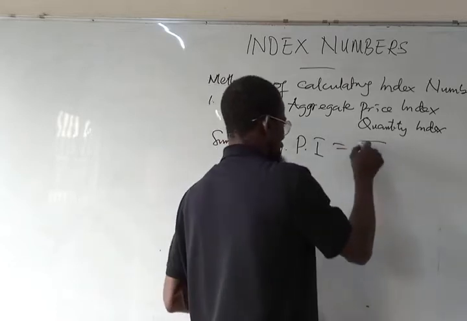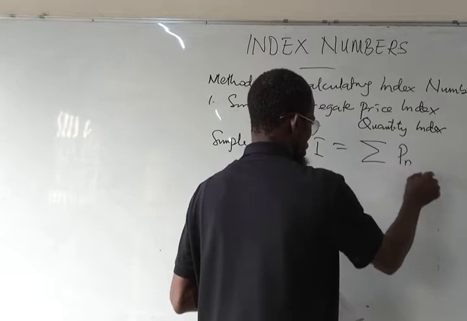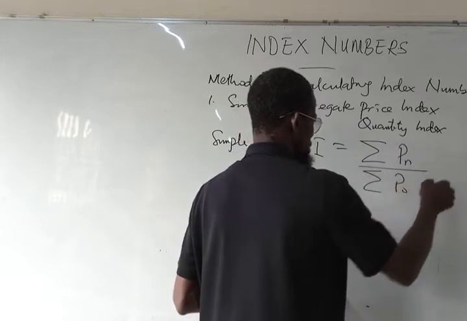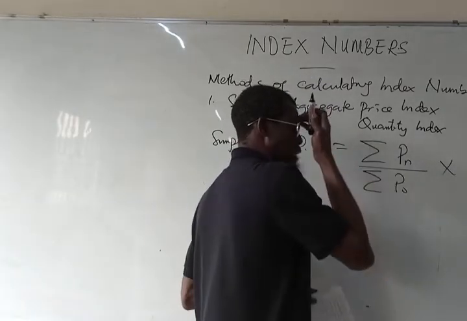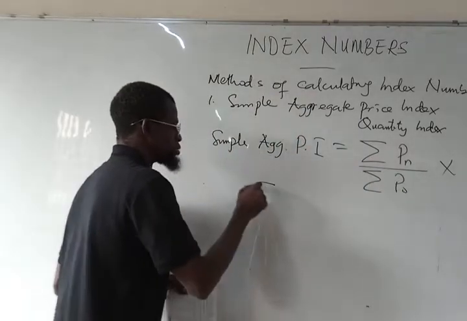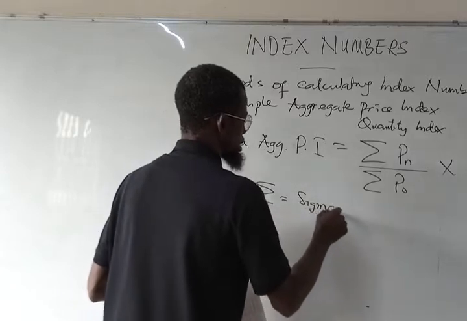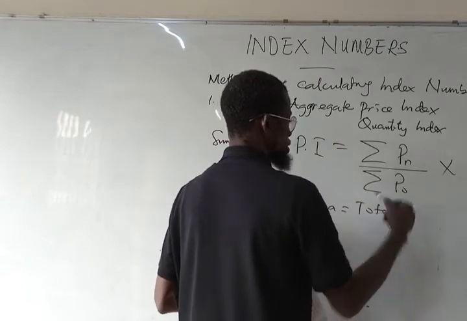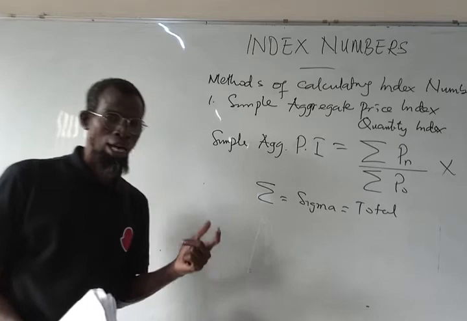And aggregate means summation of the price of the current year, and this sign means summation, that is the total. This is called sigma. We call this sigma in mathematics, and it refers to total. The word total in your secondary school, but now we use a symbol.